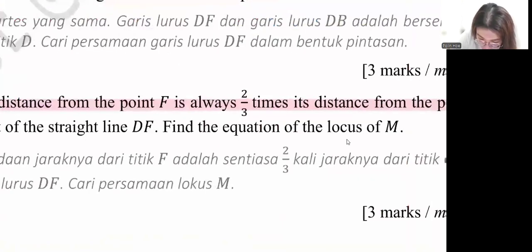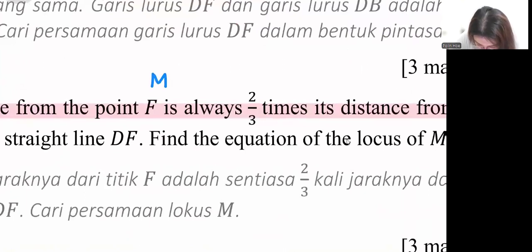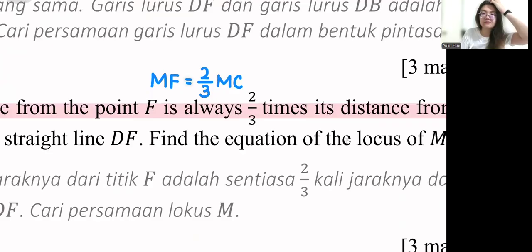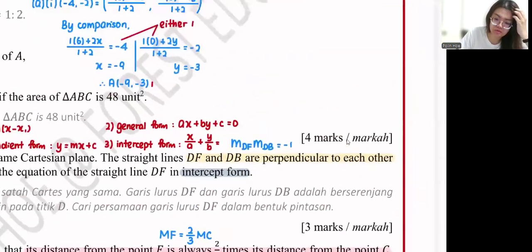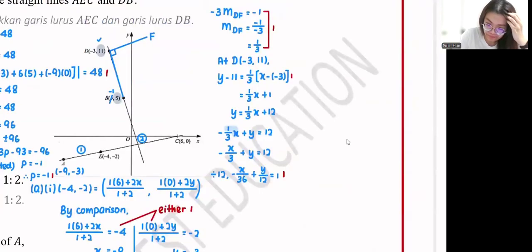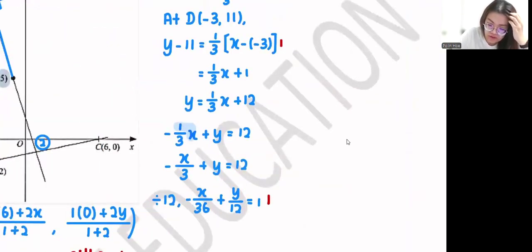The information that I get, sorry, 我拉上去 highlight 这个 MF is equals to 2 over 3 MC. Next, the F is the y-intercept of the straight line DF. 看回去上面 from B part 2. 这个是 equation of DF.